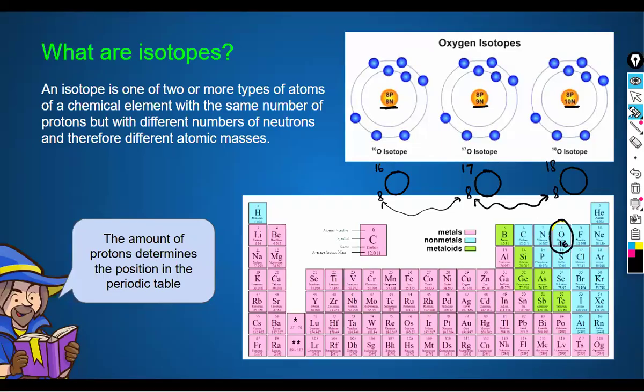Can anybody tell me why? If there are three different types of oxygen, three different isotopes of oxygen, because each of them has different neutrons, why do you only see one in a CSEC periodic table? Why don't they put all three? Right, and some people are getting it correct.